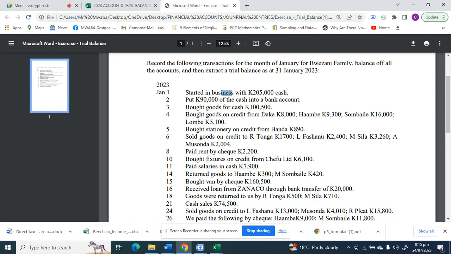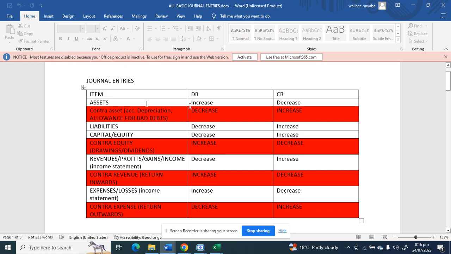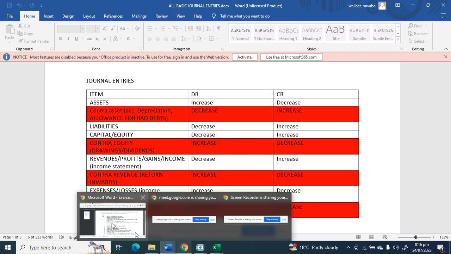After you've determined which two accounts are involved, you're going to determine which account is increasing and which account is decreasing. Sometimes both accounts can increase. At that point, that's where we'll apply the double entry rules, which are here. All right, so we begin.